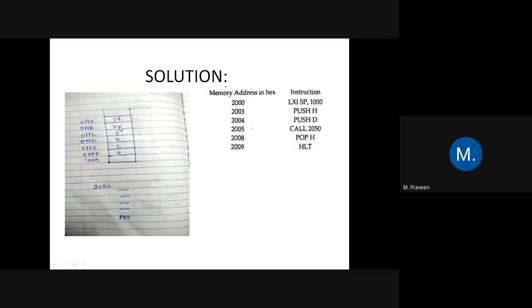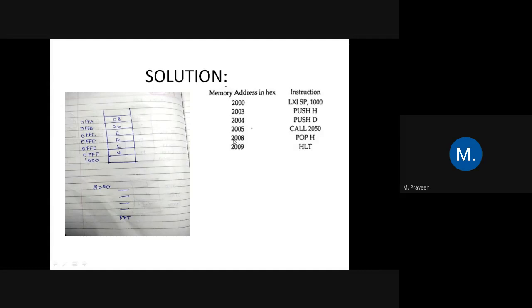After moving these two data, the current address of the stack pointer is going to be 0FFC. So now we got the program counter value as 2008, and the program will return back to this address.